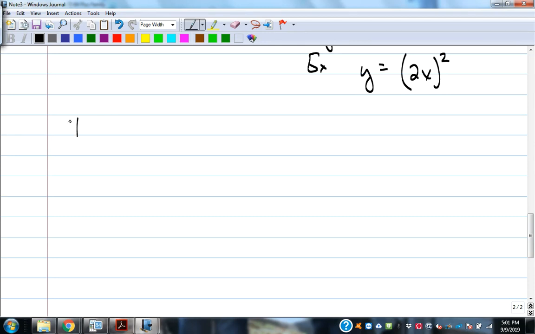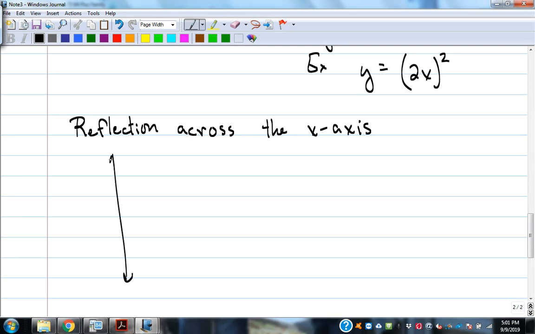So a reflection in math, when you reflect something, you're taking it and flipping it across an axis. So if we're going to flip across the x-axis, let's look at a little sketch here.